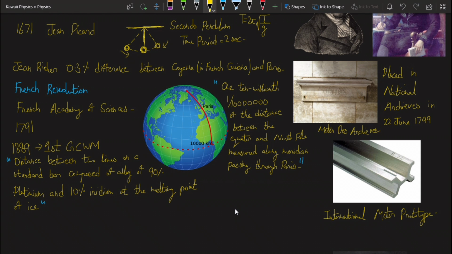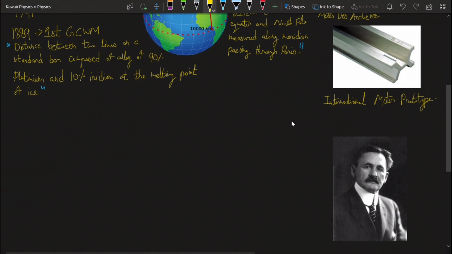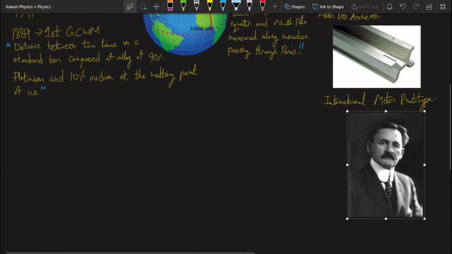At the era of the interferometer, when the interferometer was created, we have another person here, who is Albert, sorry about that, Albert A. Michelson.